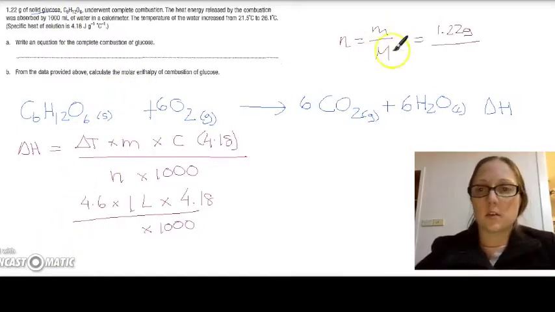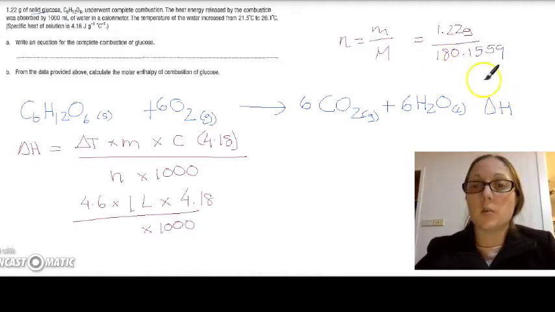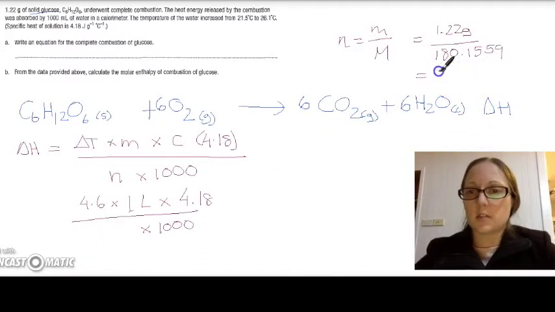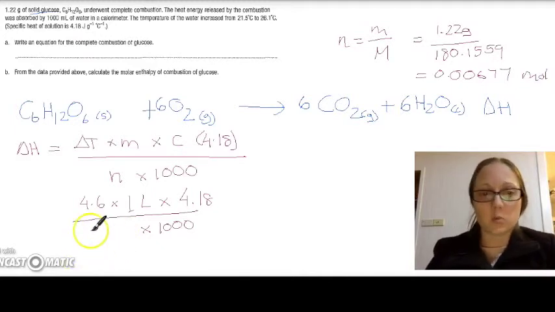By doing that, we end up with 180.1559, and then we do our calculation of division to get the number of moles. And that gives us 0.00677 moles.